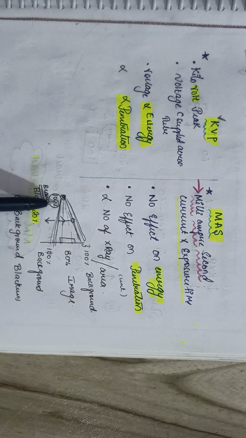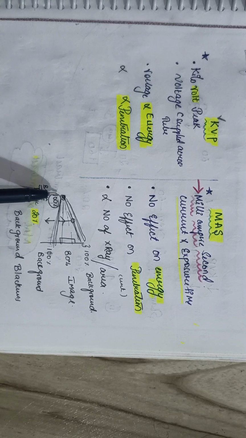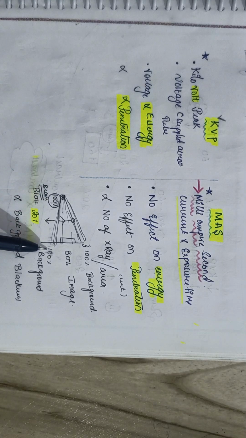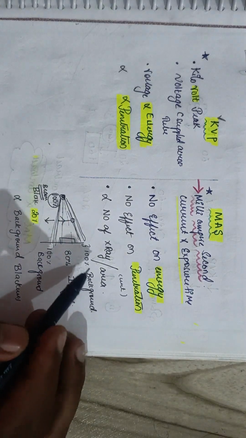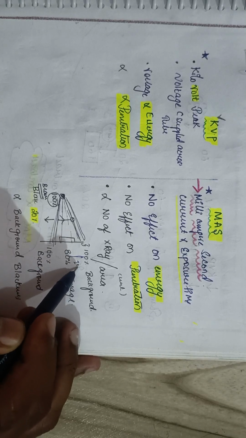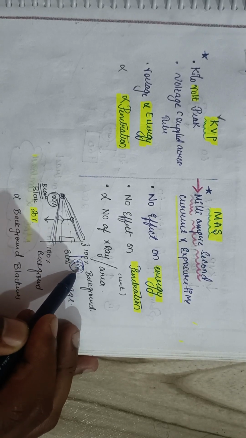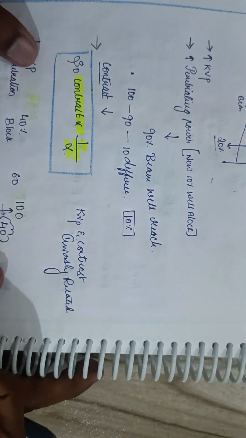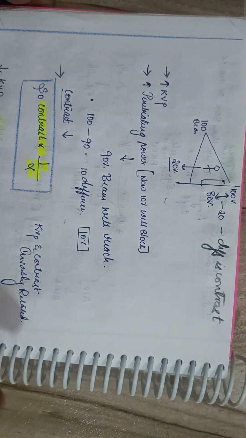Now if you look at the difference, it is 100 and this is 80, a difference of 20%. Now let us understand, what do we call this 20%? That 20% is the difference, and we call that contrast.